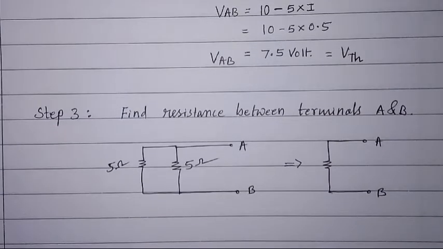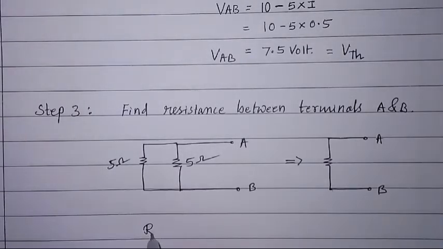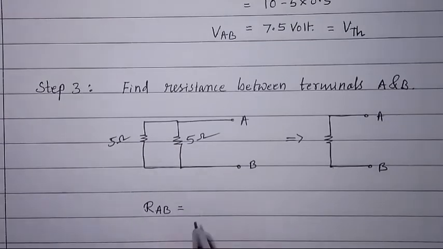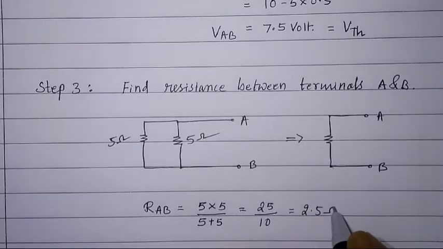What is the equivalent resistance of 5 ohm and 5 ohm? RAB equal to 5 into 5 divided by 5 plus 5, that is 25 divided by 10 equal to 2.5 ohm.